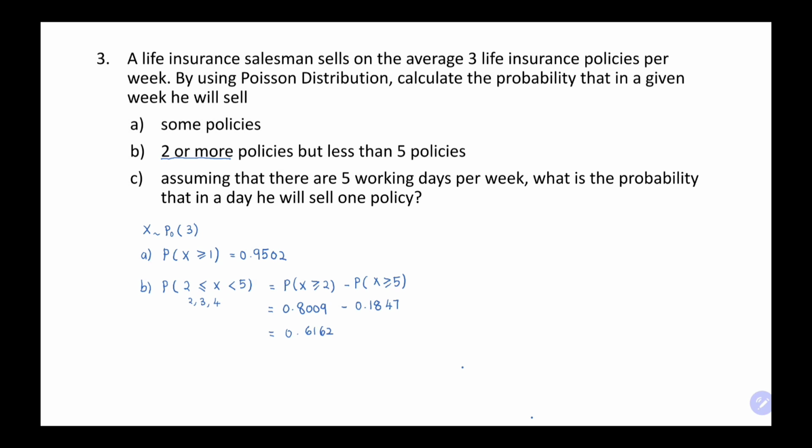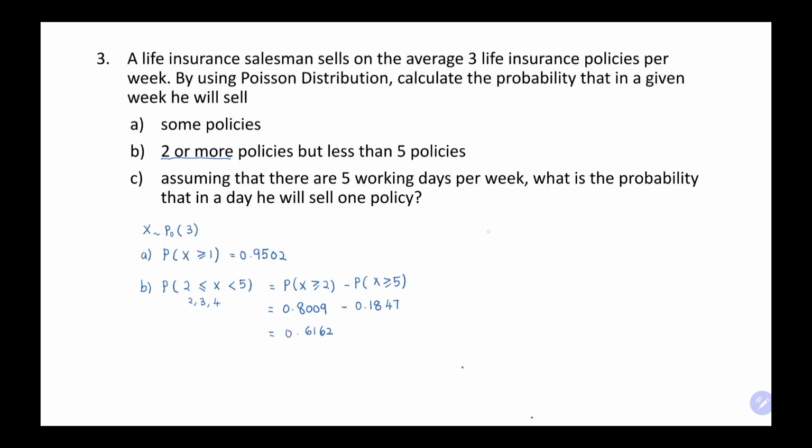Continue question C. Assuming that there are 5 working days per week, what is the probability that in a day he will sell 1 policy? Assume one week has only 5 days. So what is the probability he sells 1 policy in 1 day? Normally a week has 7 days, so lambda 3 is for 7 days. Now we want to find lambda for 5 days.